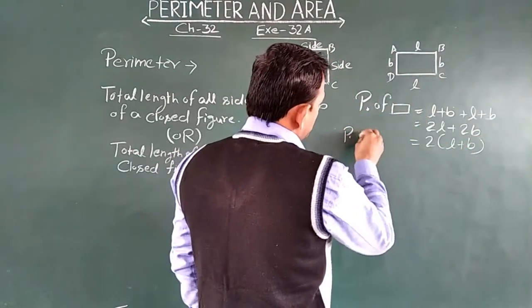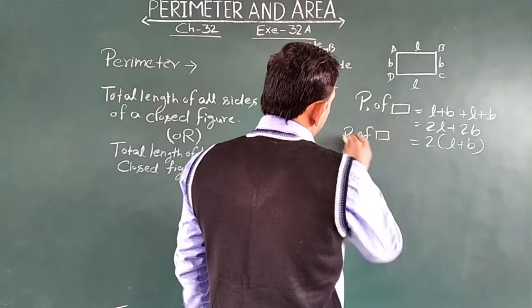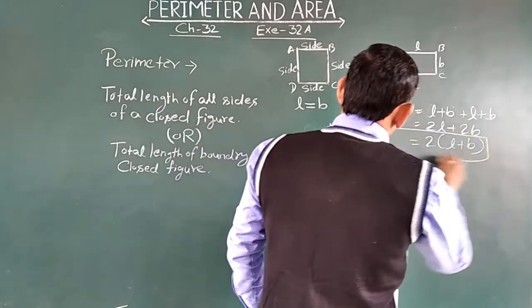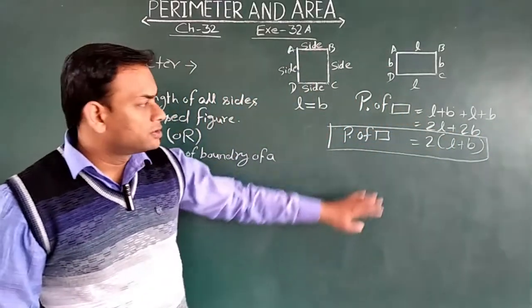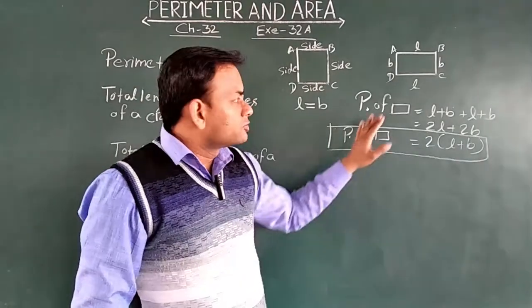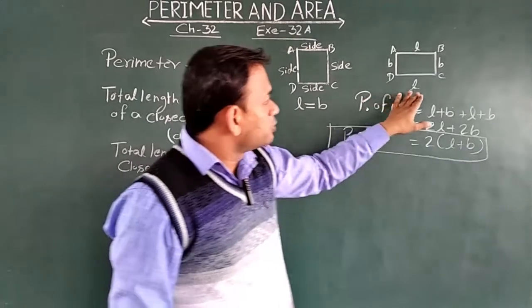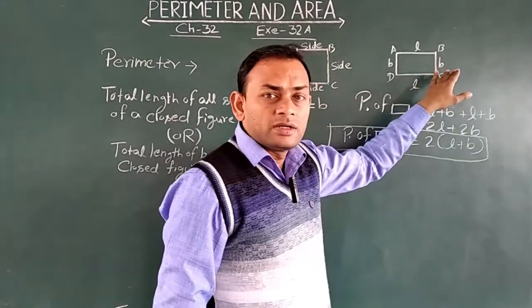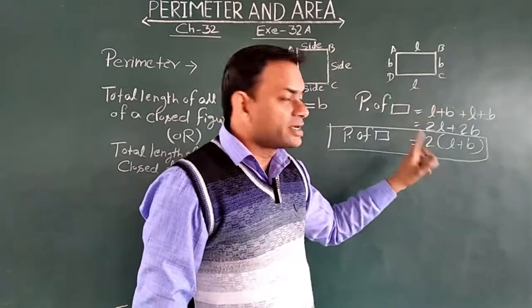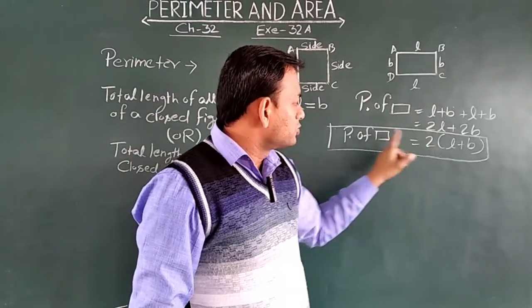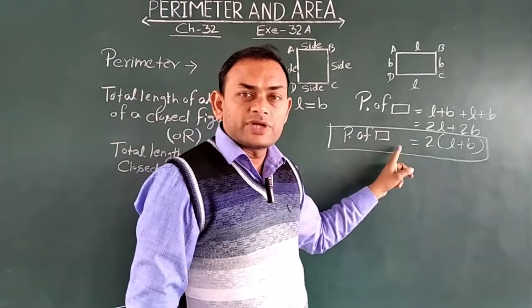So the perimeter of a rectangle will be 2 times (L plus B). Got it? To find the perimeter of a rectangle, just add length and breadth, and then multiply that sum by 2.